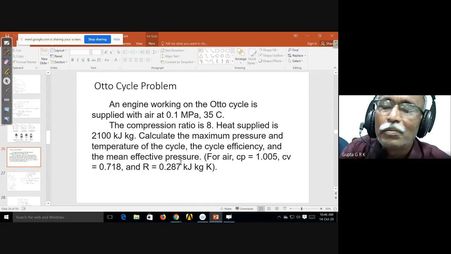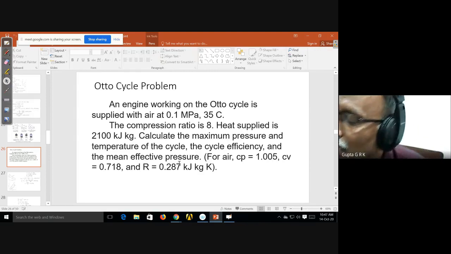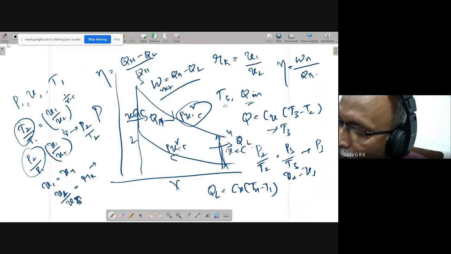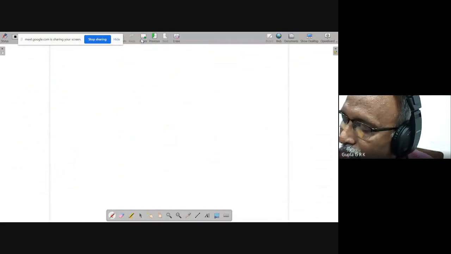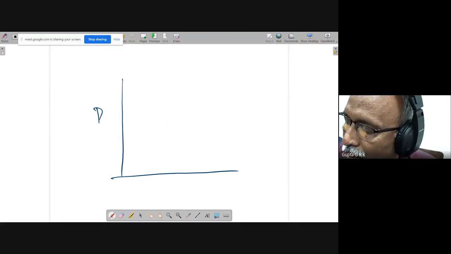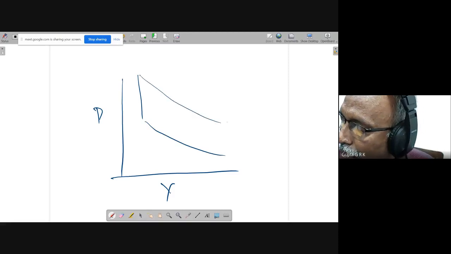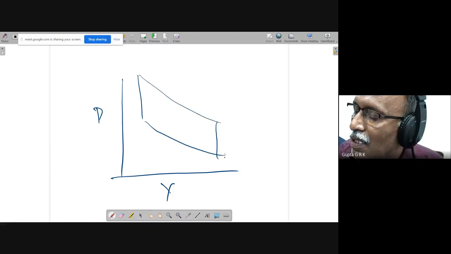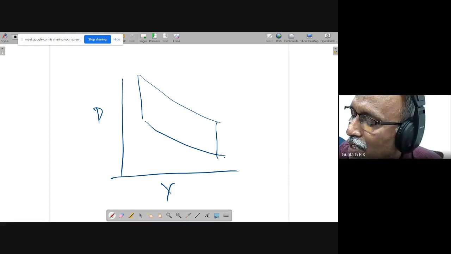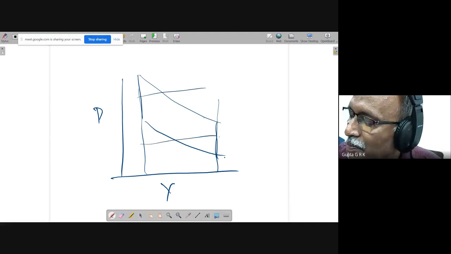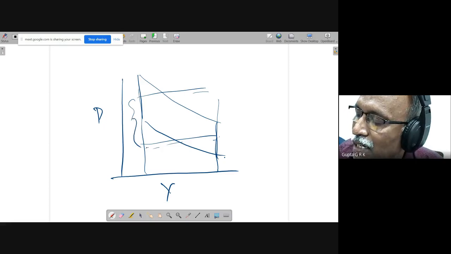There is something like mean effective pressure. So this is the cycle, and if I draw an equivalent rectangle between the same lines, having the same area, this width is the same, V1 minus V2, and if I draw like this, this is the mean effective pressure.